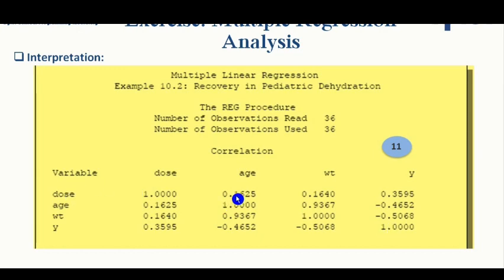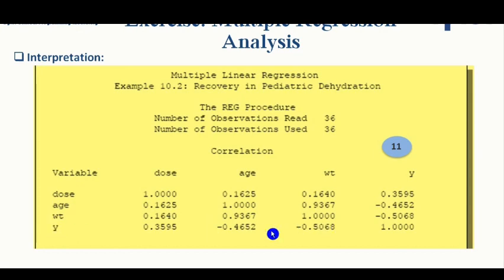Between dose and age, this is the correlation coefficient. Between dose and weight is the correlation coefficient, and so on and so forth. Between Y and age, the correlation coefficient is negative. So as age increases, you seem to recover less from that particular disease, dehydration.